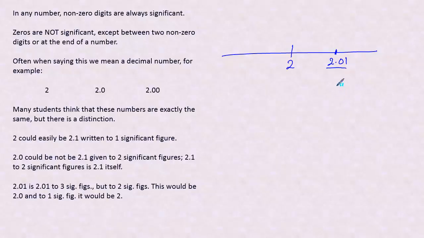If we rounded to two significant figures, then it would be closer to 2.0 than it is to the next thing up on the number line to two significant figures, which is 2.1. Also, if we were just going to one significant figure, 2.01 is certainly closer to 2 than it would be to 3, which would be the next thing up to one significant figure.